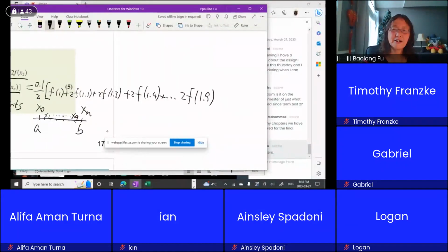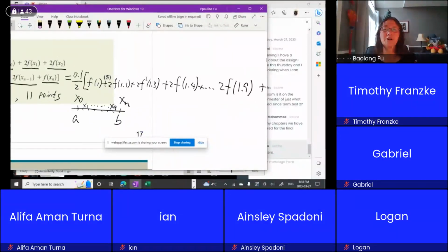The last item is f(2). I pause for a moment to see if you have any questions.